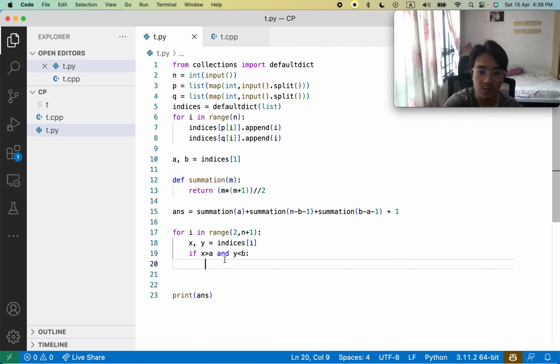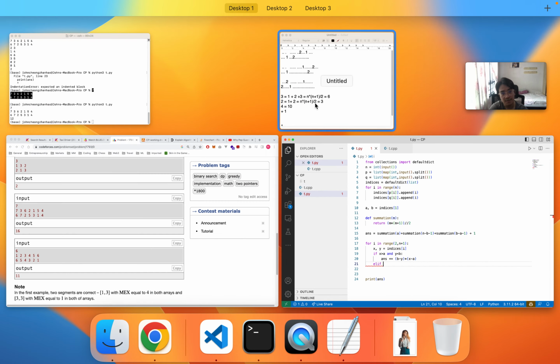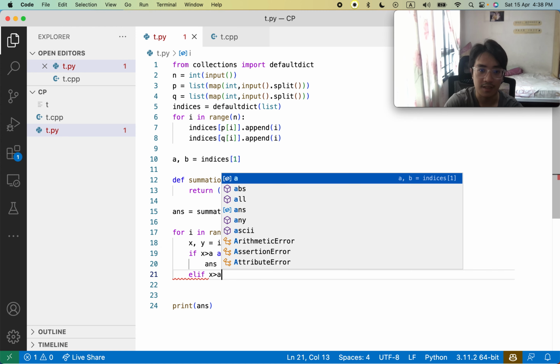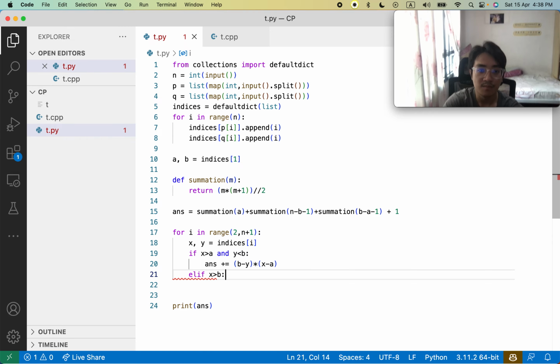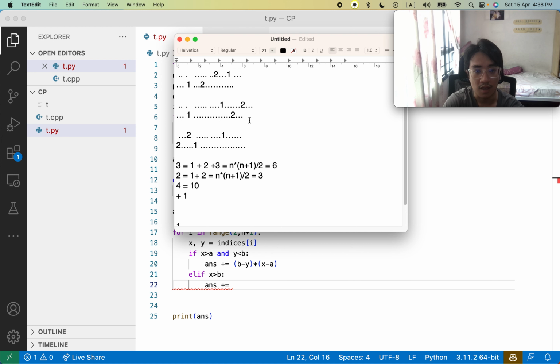So yeah, we'll take answer plus equals to b minus y times x minus a, right? Else if x is greater than b, answer plus equals to... you have to increase it by this amount to increase 1.